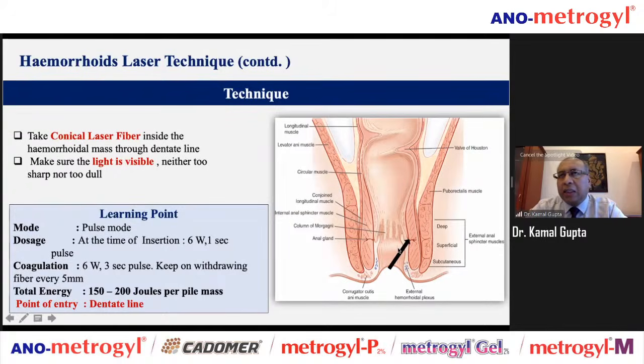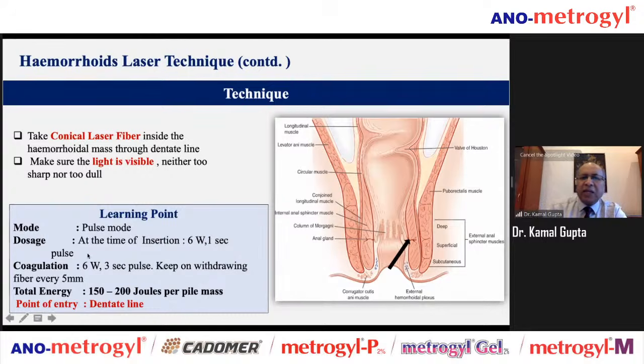But then when you see the anatomy of the submucosal space, we know the submucosa ends at the dentate line. And further, we know that anal cushions are disruptions of submucosa at 3, 7, and 11 o'clock position. So the point of entry remains the dentate line. So that is the most important part, why we should enter from the dentate line.